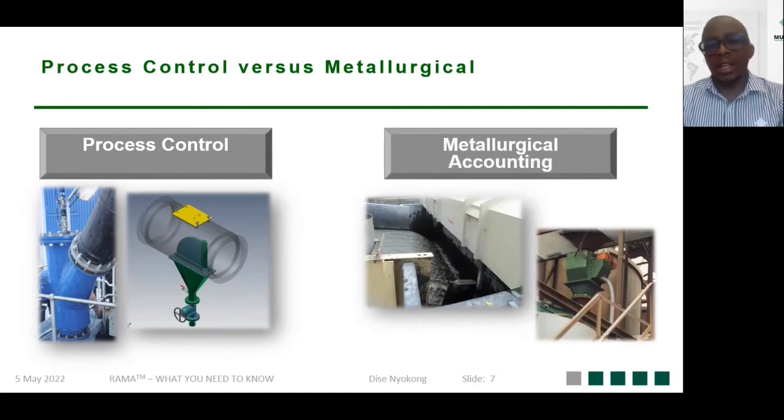And then on the right-hand side, there are 2 pictures that show a London crosscut sampler on the left-hand side in the metallurgical accounting setup, and the one on the right-hand side is a Vezin type metallurgical accounting sampler that can also be used. And if you can notice as well, both samplers are under gravity.